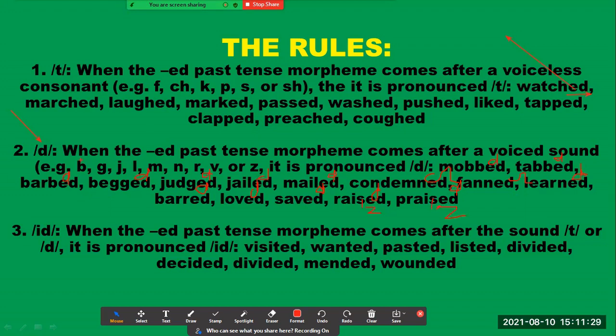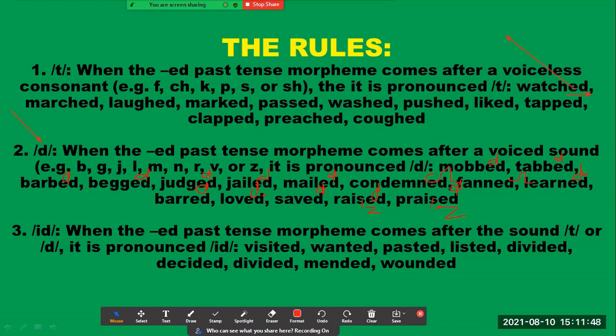We have B, G, which is ga, then J, L, M, N, R, V, or Z. These are all voiced consonants.